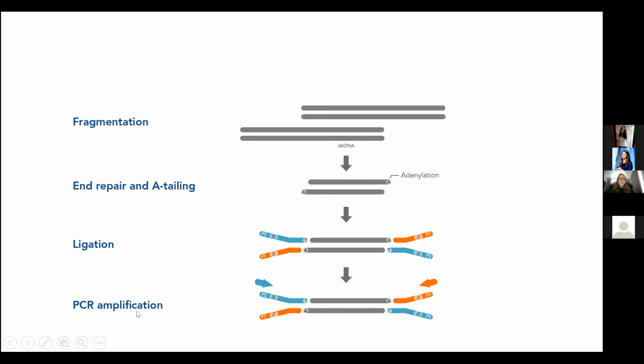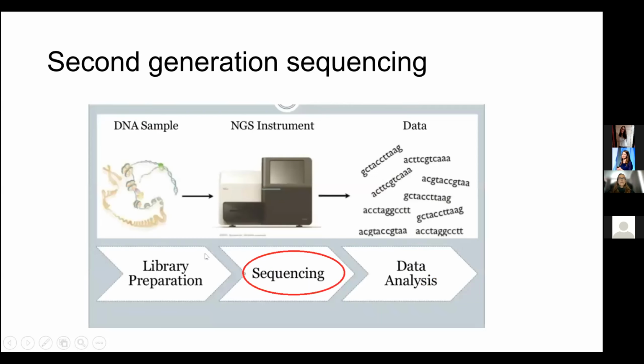As previously mentioned, this can be a little bit different depending on the technology. The sequencing step between these different sequencing methods is more varied, and we will go into a bit more detail.